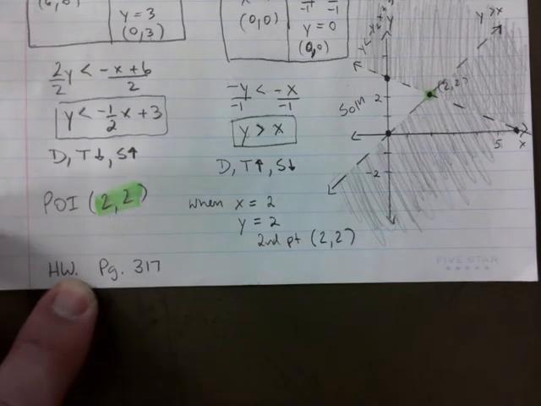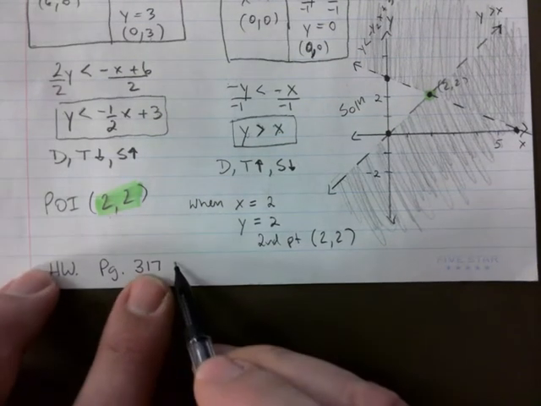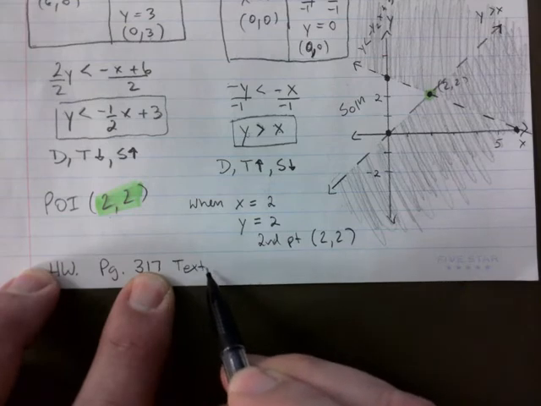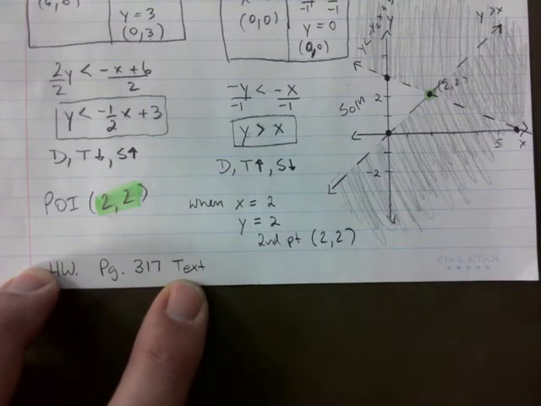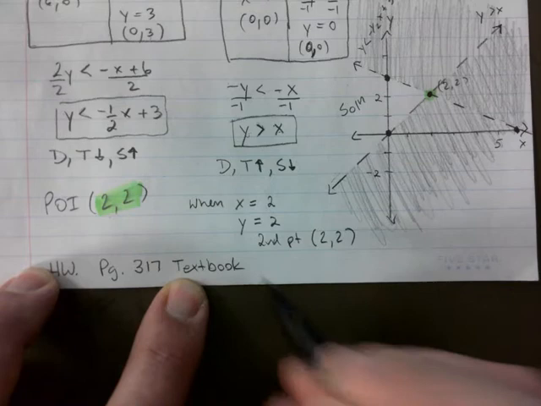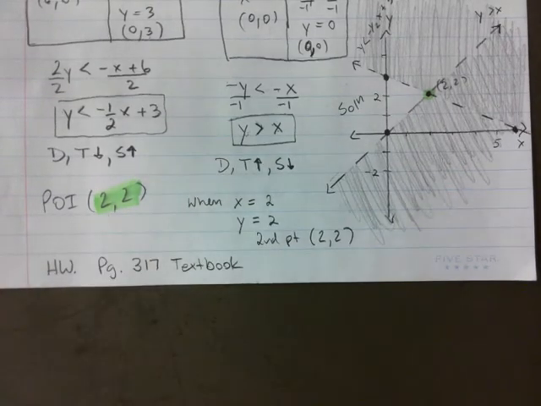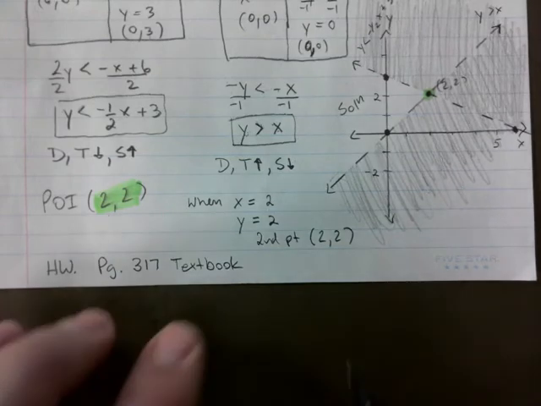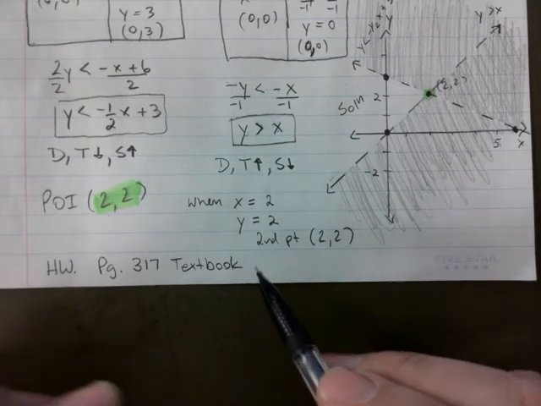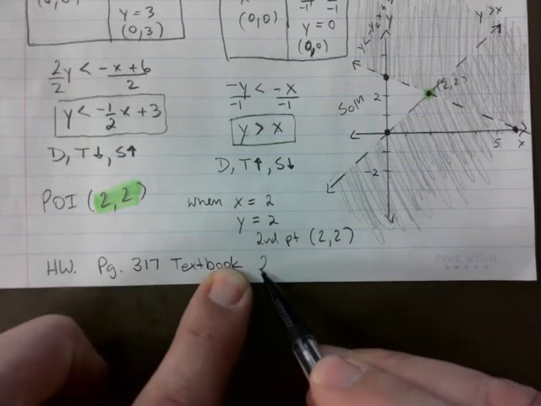So page 317 in the textbook. Yeah, you're going to have to blow the dust off, because you haven't used it in a while. And I picked questions specifically for you to practice.